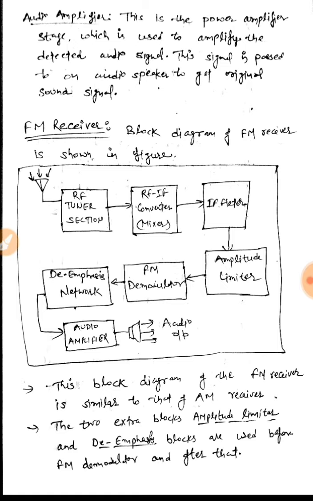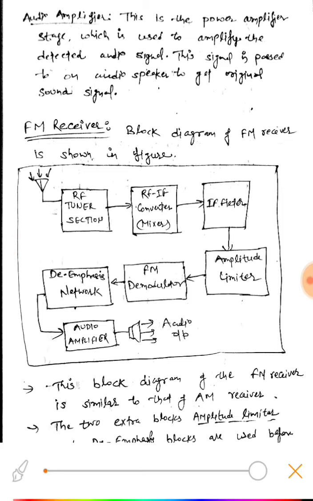We can see the block diagram of the FM receiver, which also consists of an RF tuner section, mixer, and IF converter. These are some of the common parts: RF tuner section, mixer, then filter.